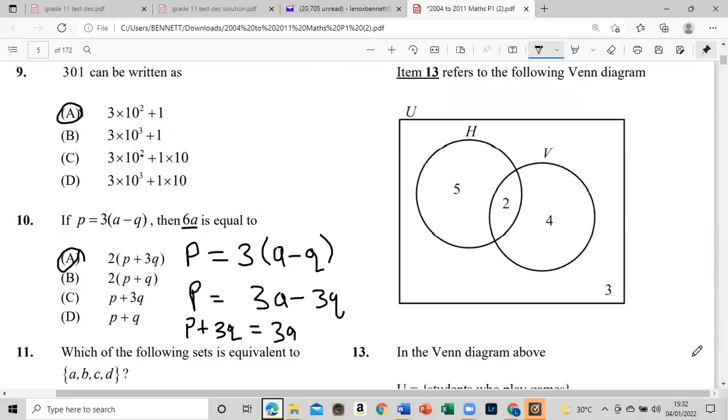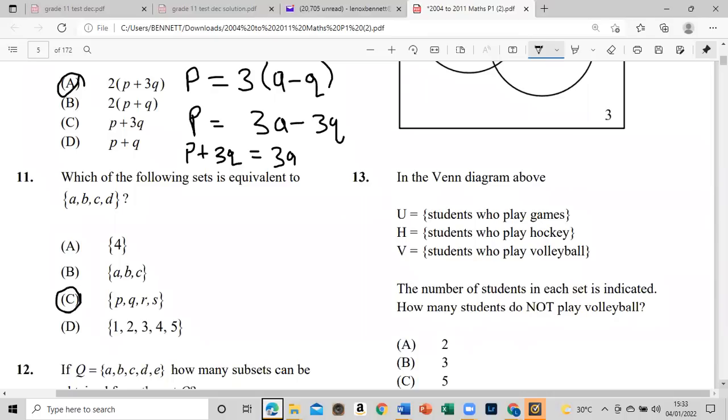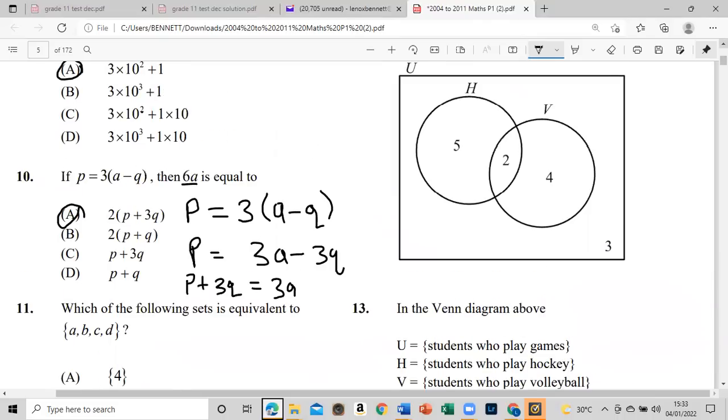Alright, 13 refers to the diagram. The number of students in each set is indicated. How many students do not play volleyball? So volleyball is represented by what? These 2 here mean they play volleyball or hockey, right?